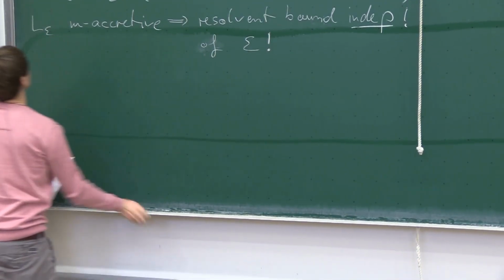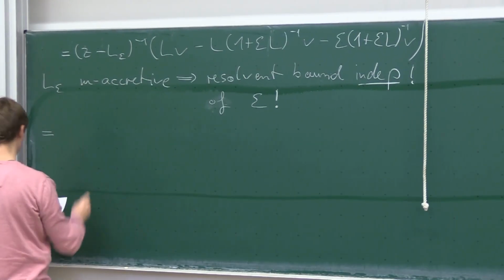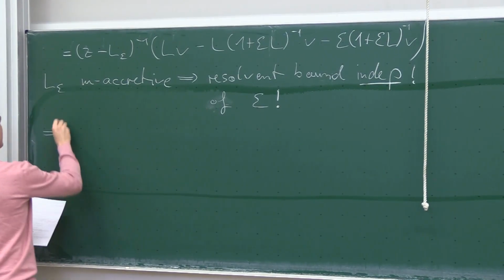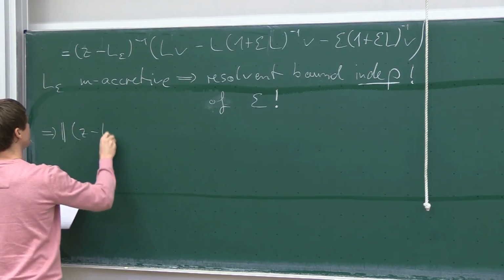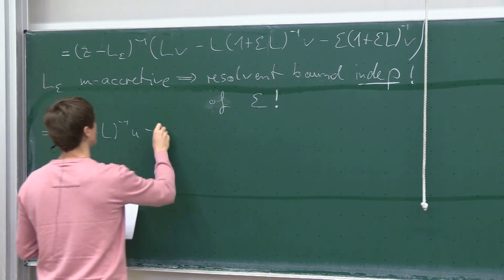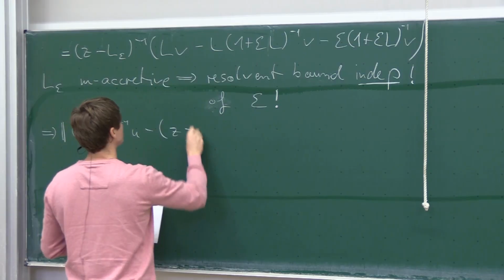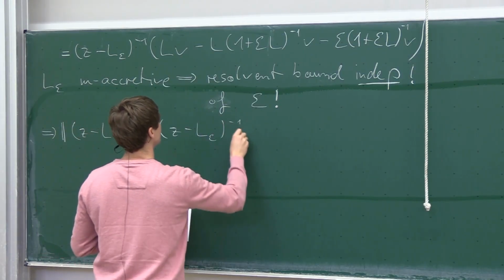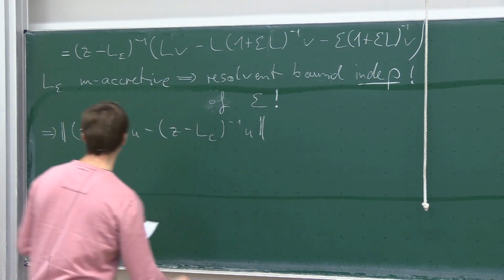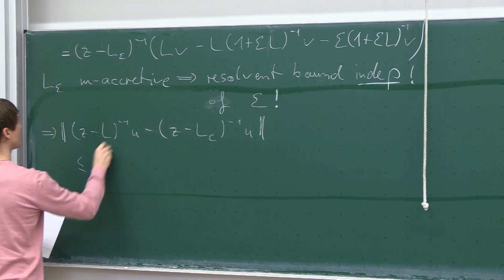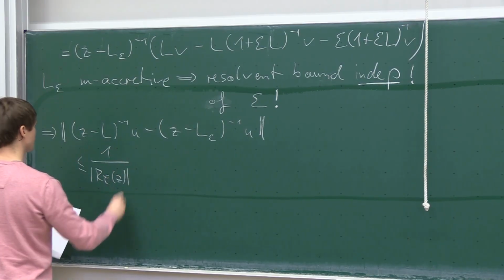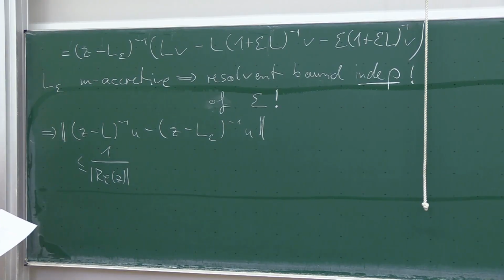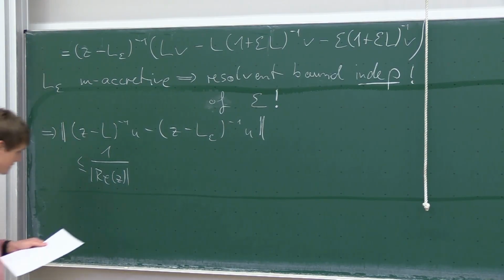Okay. So we see that if we now take norms of our chain of equalities, the norm of the resolvent of L applied to U compared with the resolvent of L epsilon applied to U can be controlled by 1 over the absolute value of the real part of Z. Recall, Z is a complex number which has negative real part in this calculation.